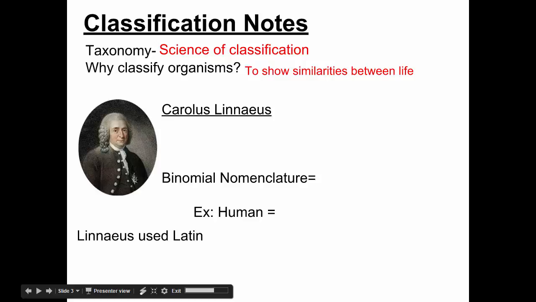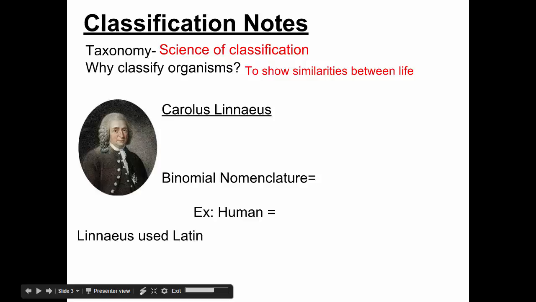And so the science of taxonomy is one that's been studied for a long time. The system we use today, our modern system of classification, started really with this guy, Carolus Linnaeus.